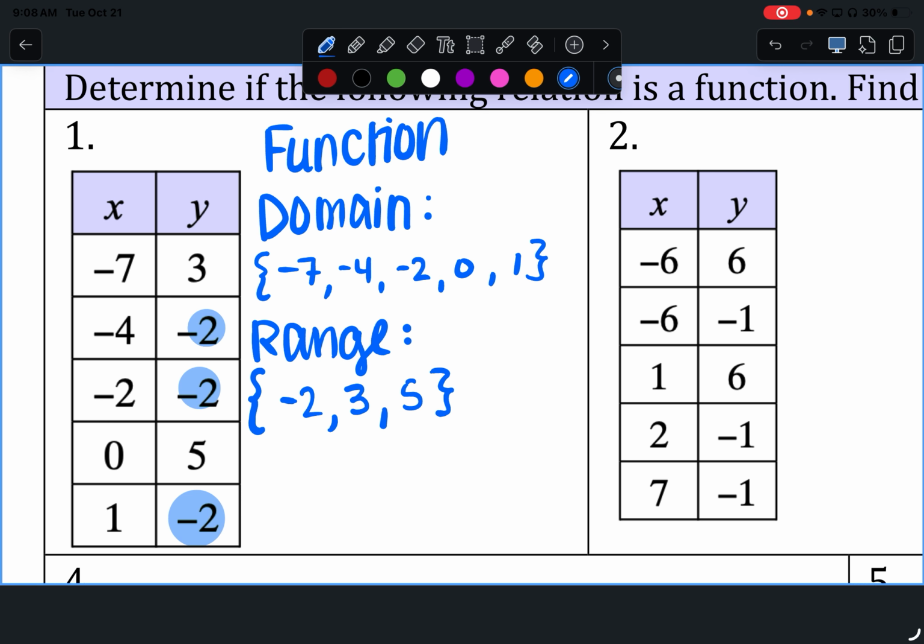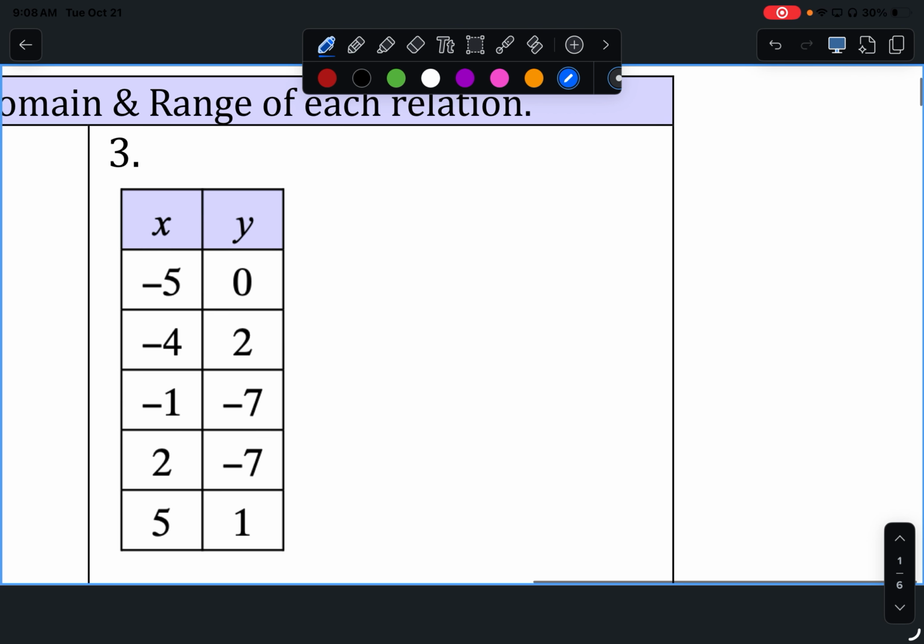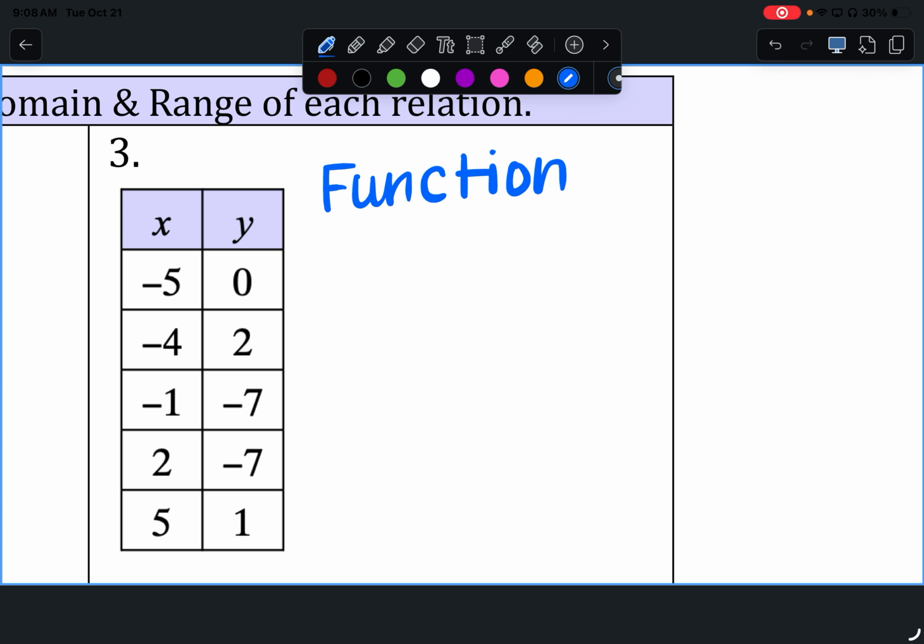All right. For number 3, is number 3 a function? Yes, it is a function. Is there any repeat inputs? No. Okay. So our domain, we're going to list out our x values.